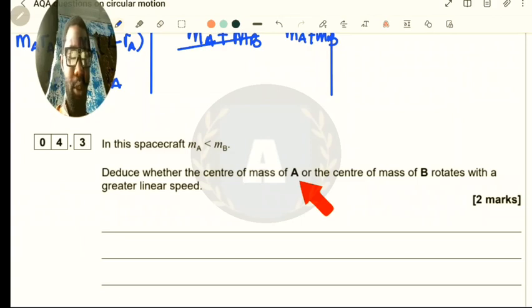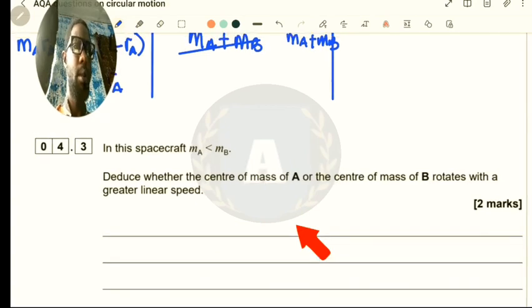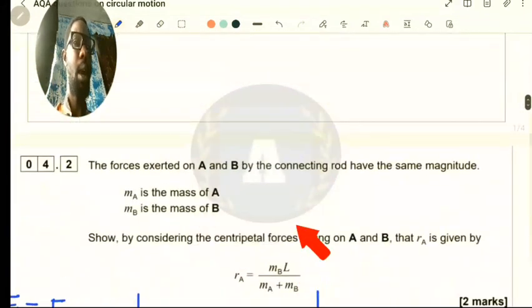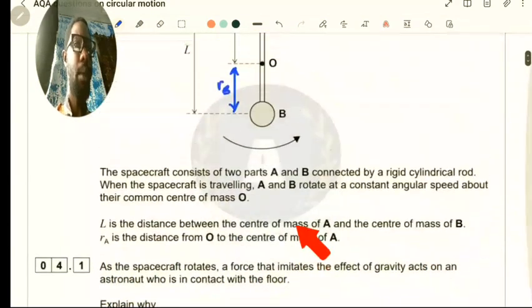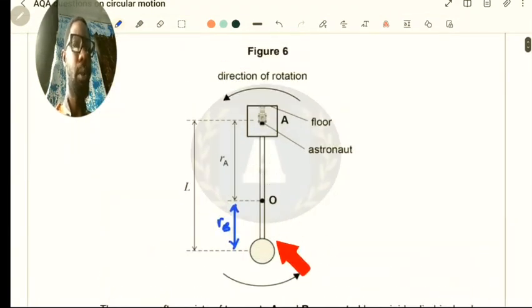So we are asked to deduce whether the center of mass of A or the center of mass of B rotates at a greater linear speed. Now the point is that both have the same angular speed, because they are both rotating.